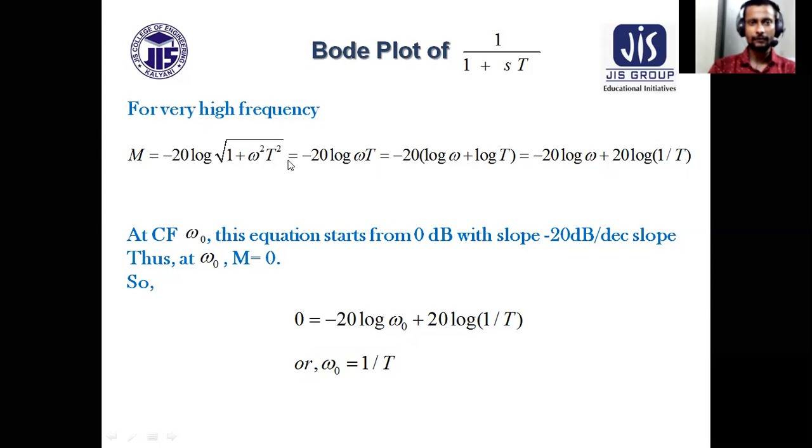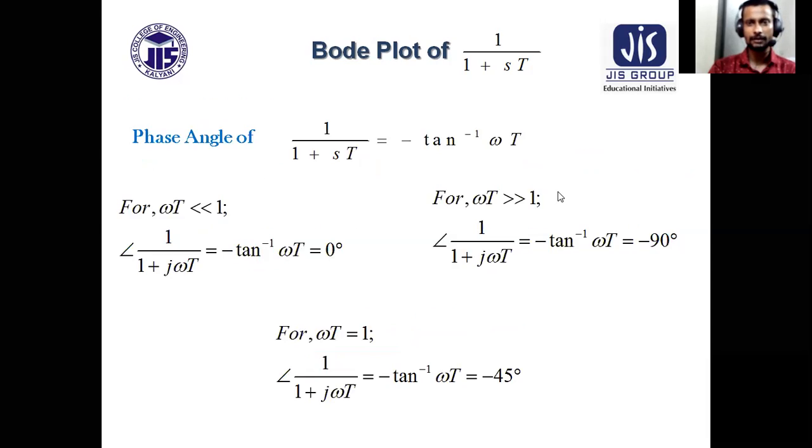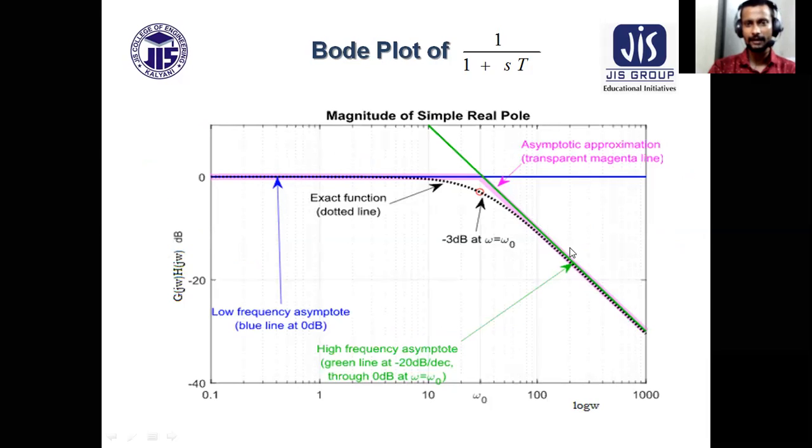Now, at very high frequency, the magnitude is this. This equation would be represented by this green line, with a slope of minus 20 dB per decade at very high frequency. This line is maintained from this point. So at this point the magnitude is 0.